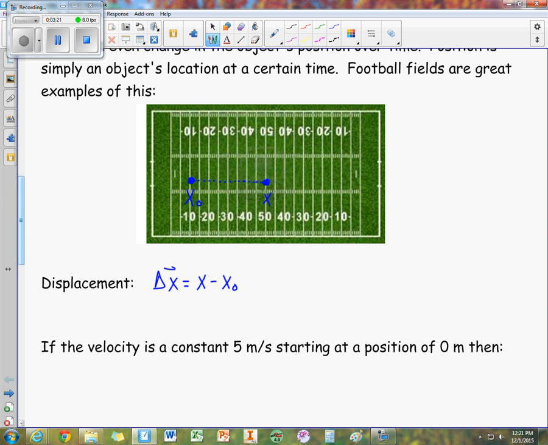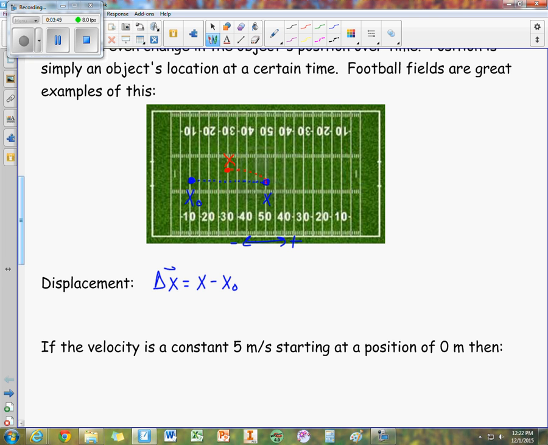And if I were to say that this were the positive direction, backwards would be negative. I could then say we have a positive 40-yard displacement. Imagine, though, that the ball went from here to here, but then came back to right here. So this is now x. Well, now our displacement would be 30 minus 10.